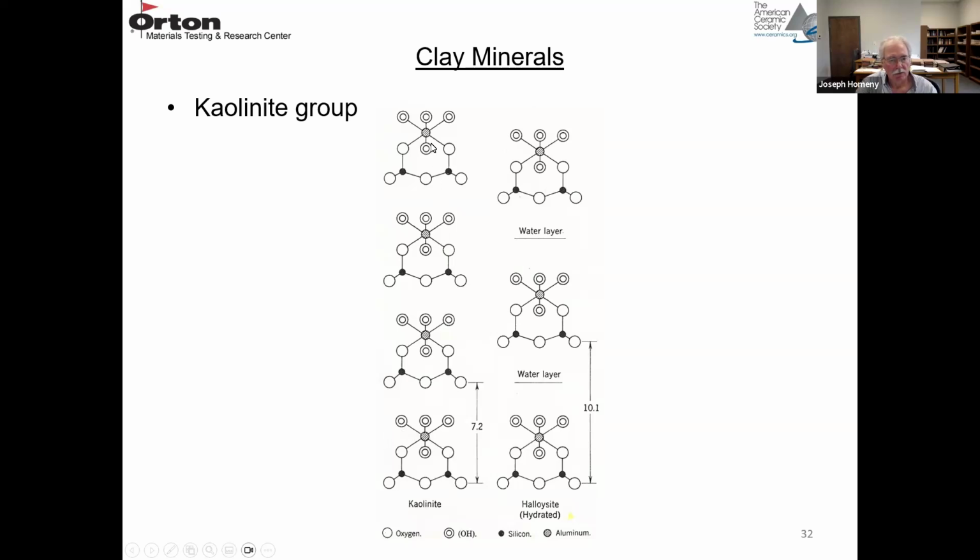So these layers just stack up. And then halloysite is the same structure. You have your silica layer, your aluminum layer, but you have a water layer between these alumina silica layers. So that's the kaolinite group and 2 of the minerals in that group.